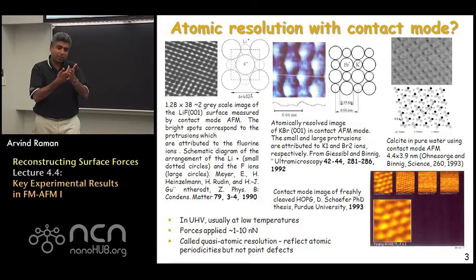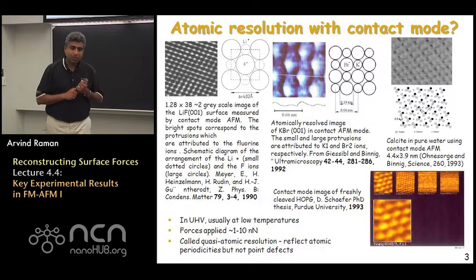And effectively what one would be doing would be not looking at the actual topography of the surfaces, but rather some sort of effect that comes out of multiple tips, multiple asperities that could be contacting at the same time. So the lack of observation of point defects was considered one main reason to try to consider other ways by which you might actually achieve what would be called true atomic resolution.